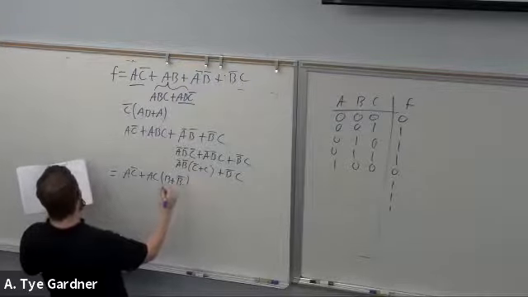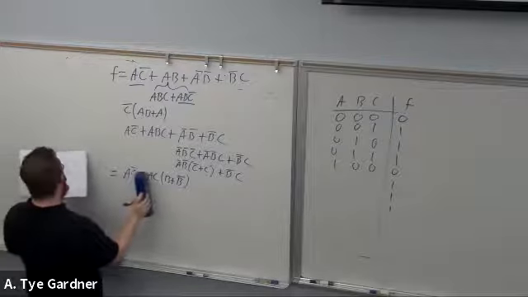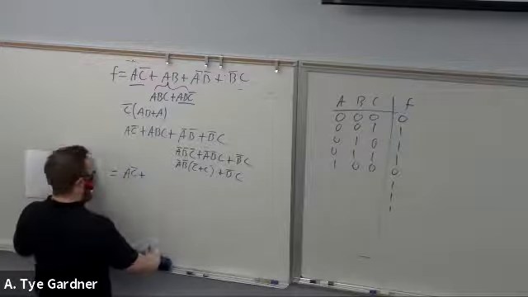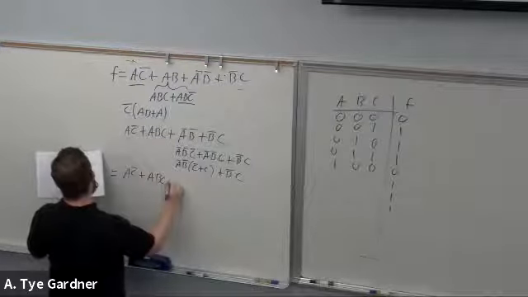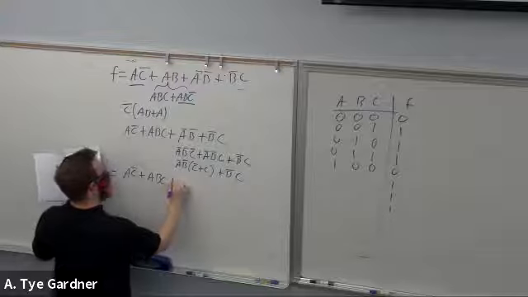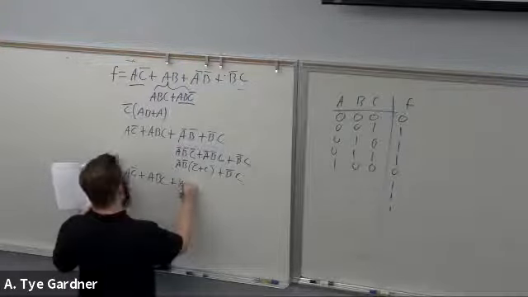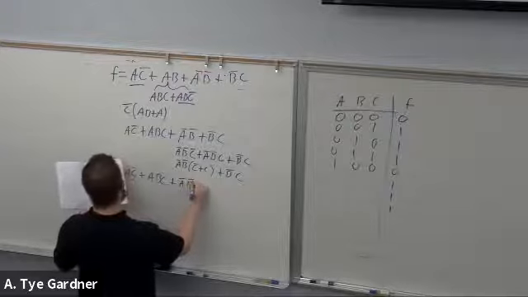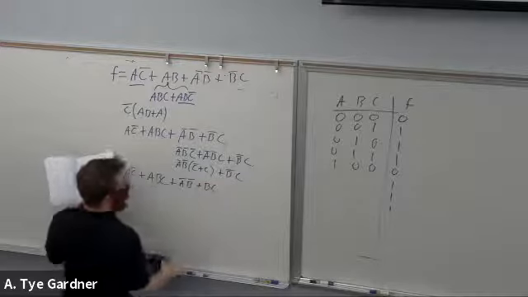I got lost. AC, ABC. I'm going to keep that one for now. A bar B, or B bar, or BC.